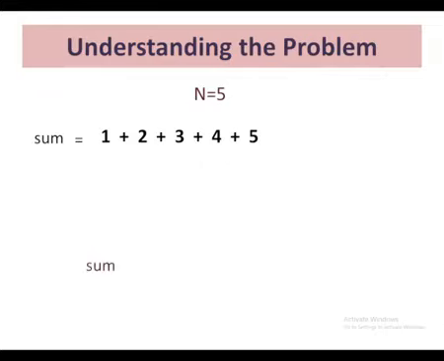We'll just see here. We'll use a variable sum, which will be initialized to 0, and we'll have another variable A, which will keep track of the values present in the sequence. You observe the sequence.